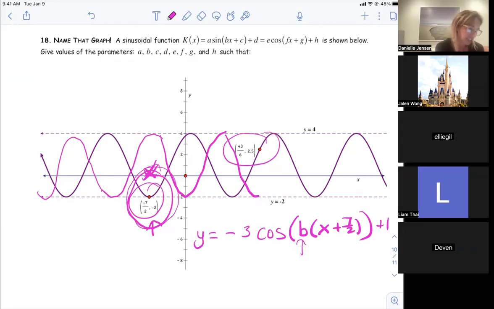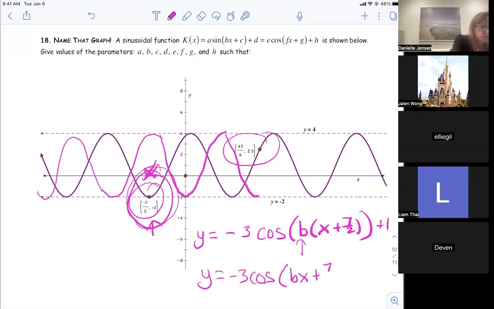So if that's the case, when I plug in -7/2 for x, if I've done this correctly, I should be doing the cosine of 0. So if I plug in -7/2 to the way I've written it, will I be doing the cosine of 0? Yes, because -7/2 plus 7/2 is 0. Now compare that to if I goofed and said, oh shoot, I don't remember, is B factored out or not?